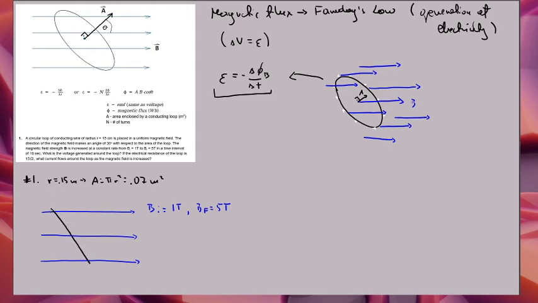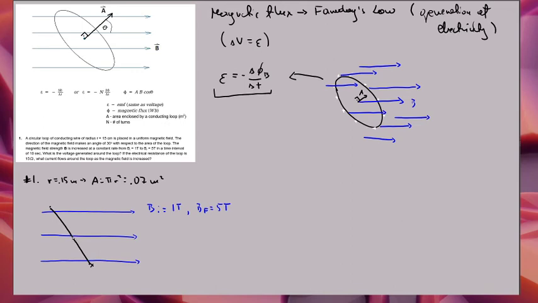The wire comes out of the page on the top, goes down, and then at the bottom goes into the page, and then comes back up again. I'll put a little X, but I'm not referring here to the direction of the current.